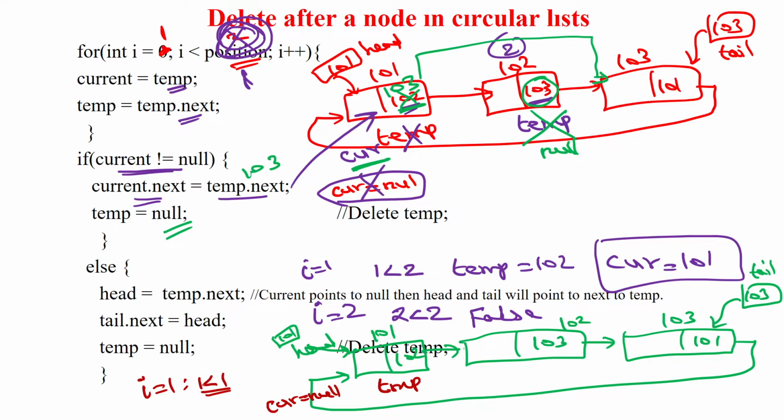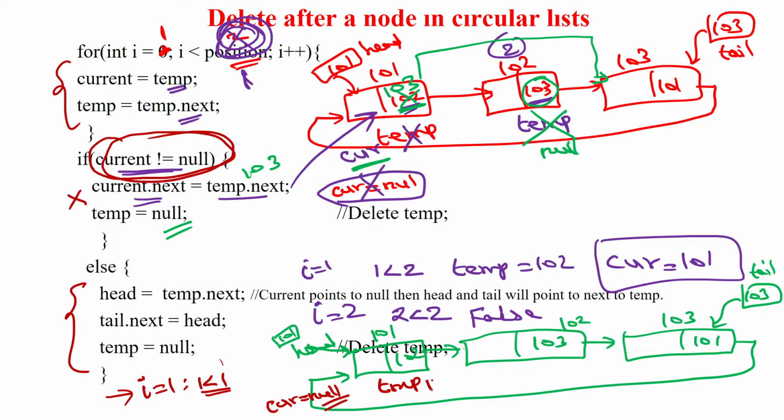Since the loop does not execute, the check current not equal to null is false, so the false block executes. Here my position is 1, so I want to delete the first node, which is represented by the temporary variable.